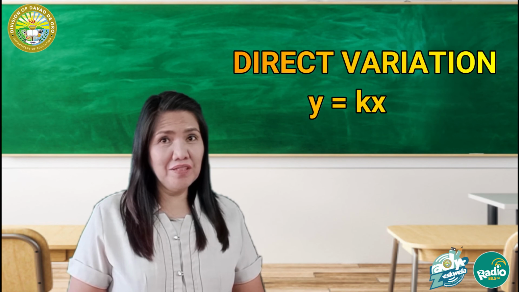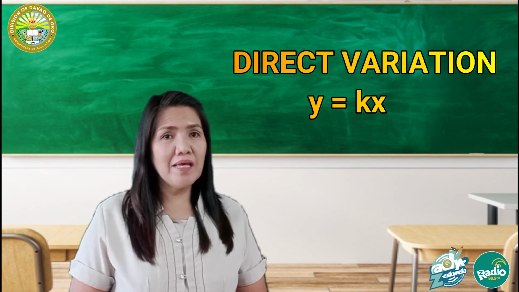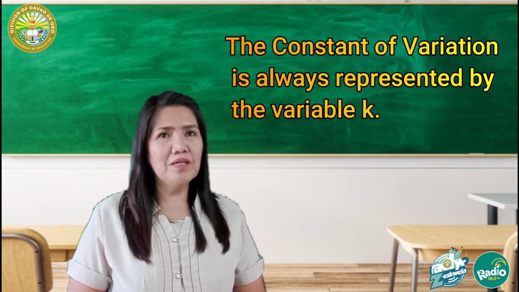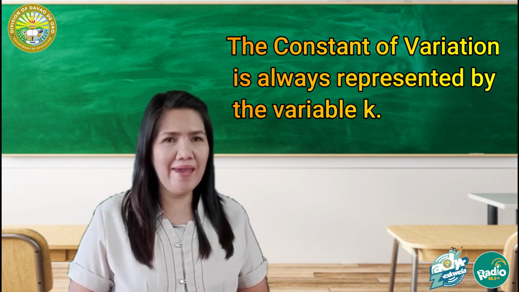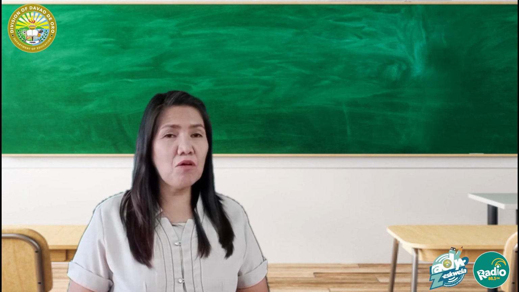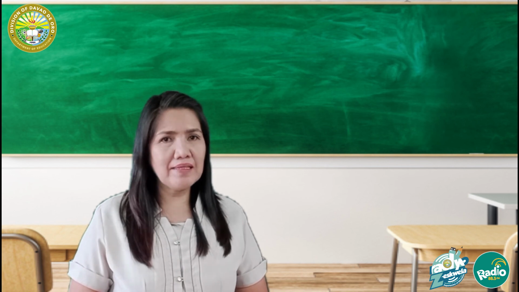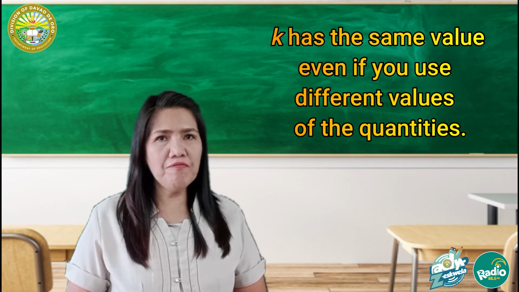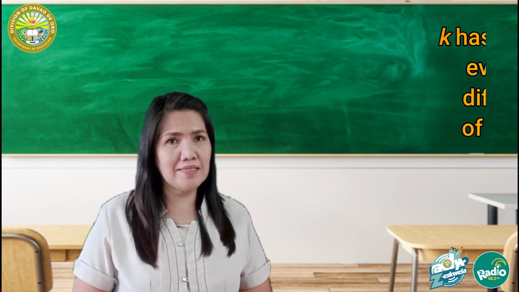Direct variation is translated mathematically as y equals kx. The constant of variation is always represented by the variable k. From the name of it, which is constant variation, it means that k has the same value even if you use different values of the quantities.